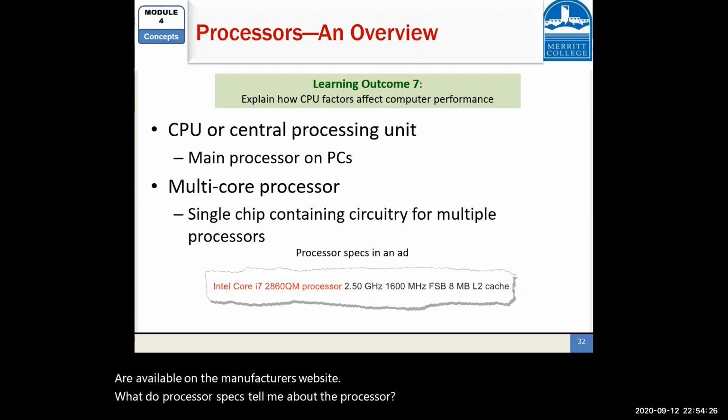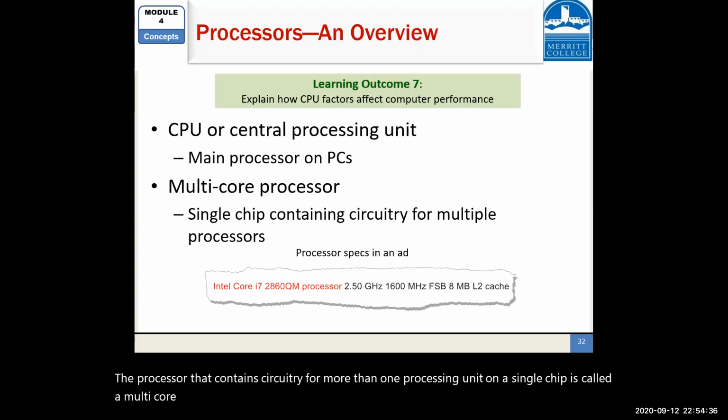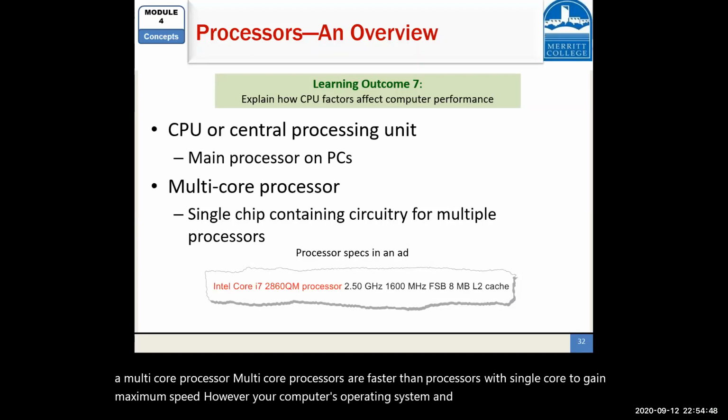A processor that contains circuitry for more than one processing unit on a single chip is called a multi-core processor. Multi-core processors are faster than processors with a single core. To gain maximum speed, however, your computer's operating system and software should be optimized for multi-core processing.